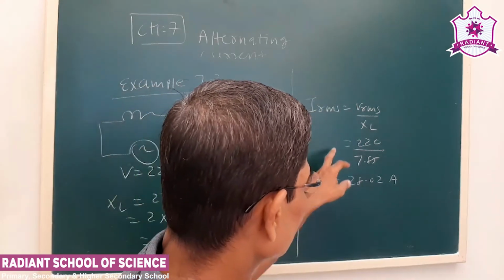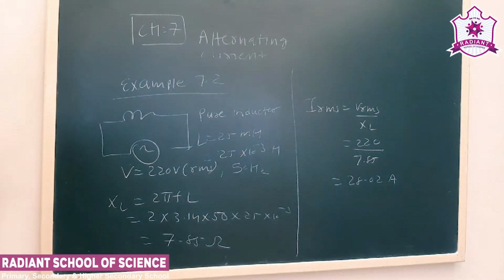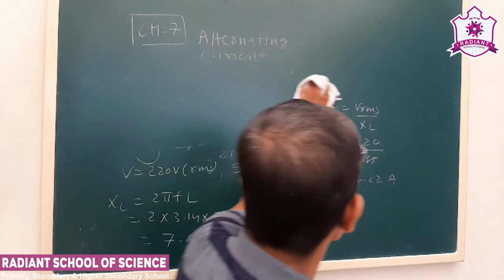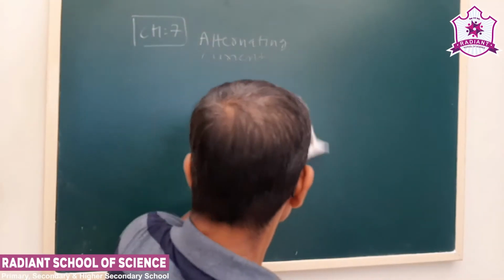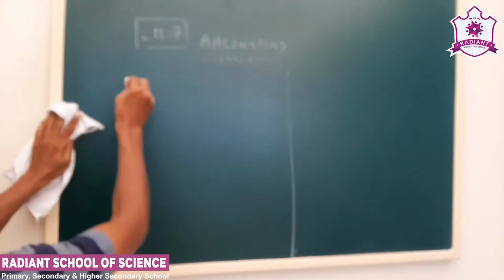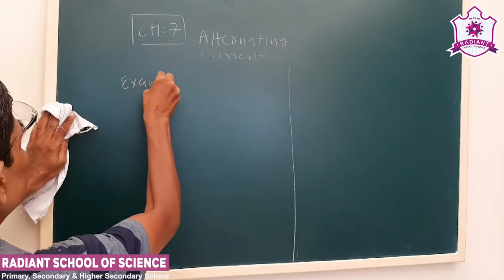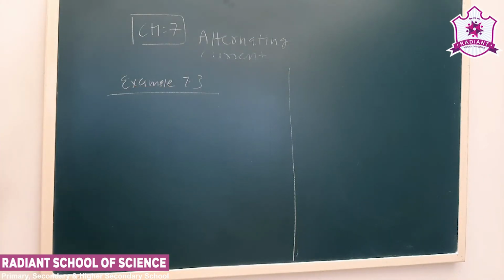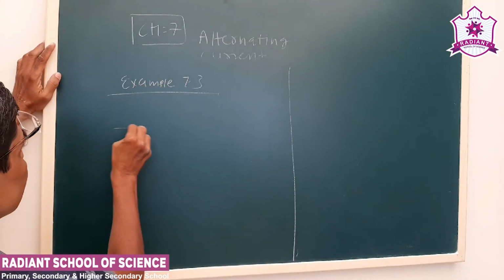I RMS is V RMS upon XL, so that is 28 amperes. Now next is example number 7.3. Here a lamp is connected in series with a capacitor.